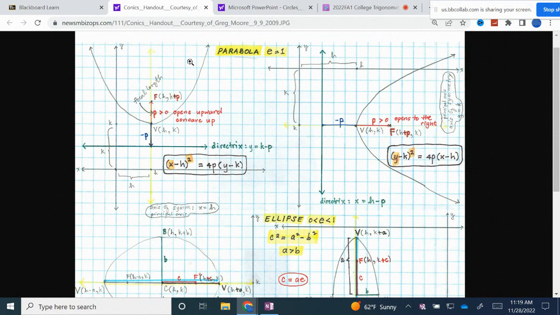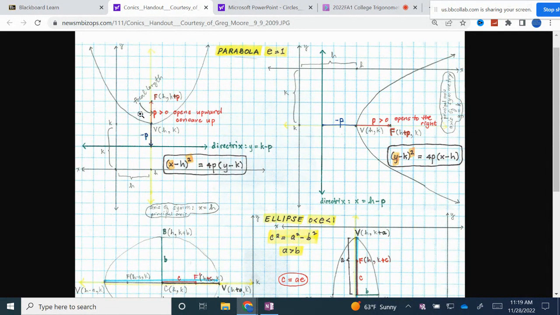So for this particular model form, we have x minus h quantity squared is equal to 4p times the quantity y minus k. In our formulas before, since h and k were 0, we simply had x squared is equal to 4py, right? Because y minus 0 is y.